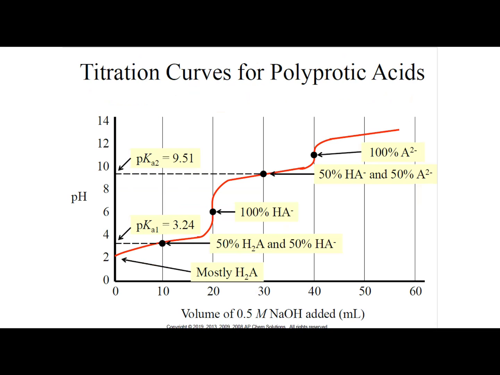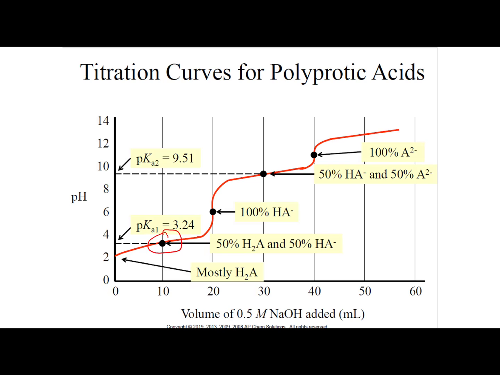Hydrogen ions also are fairly high because the pH is 2. At the first half equivalence point, H2A, HA minus, and Na plus are going to have the highest concentrations. Also, you'll have some hydrogen ions, which will have a relatively high concentration. At the first equivalence point, the HA minus and the Na plus have the highest concentrations.